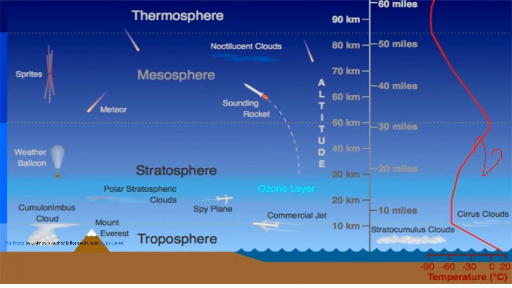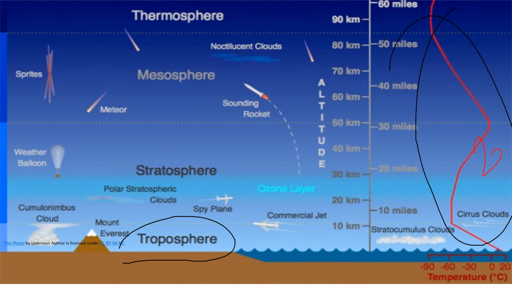In this slide, we have this line here, which represents how temperature variations take place. As we can see, in the troposphere, the temperatures decrease as altitude increases.